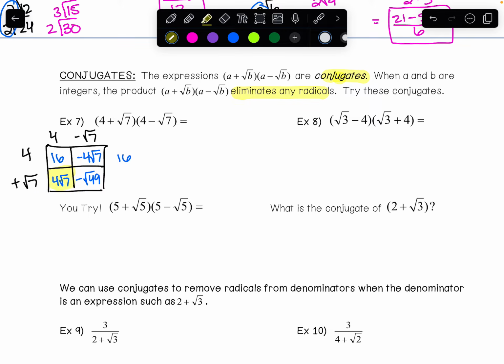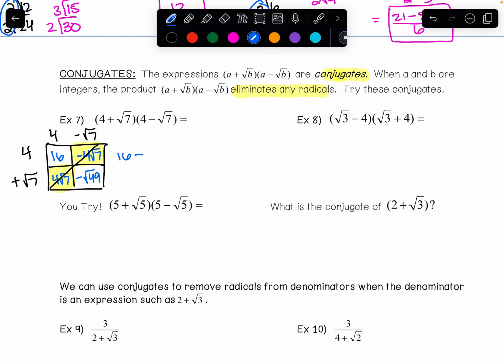What's 4 square roots of 7 minus 4 square roots of 7? 0. These cancel. Minus, what's the square root of 49? 7. Well, these are like terms. What's 16 minus 7? 9. This is our answer.